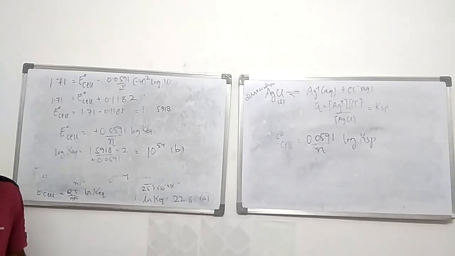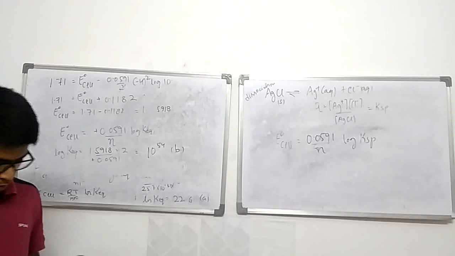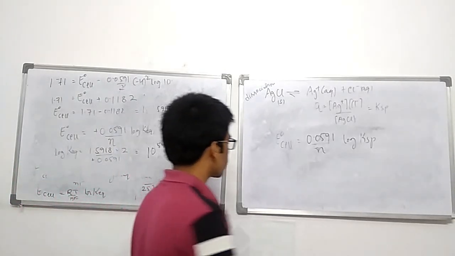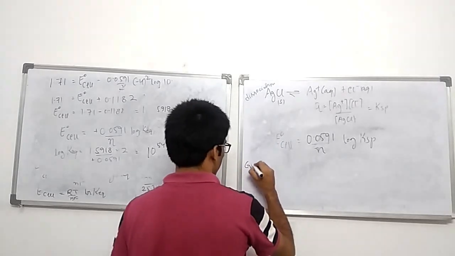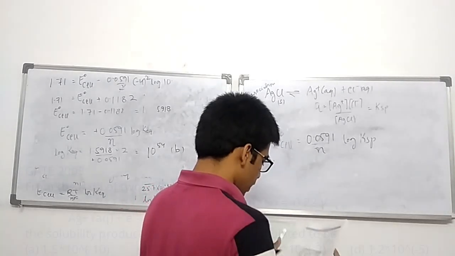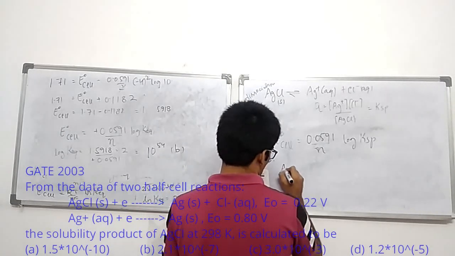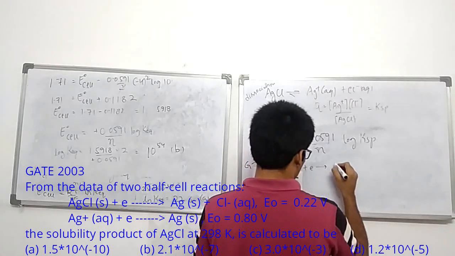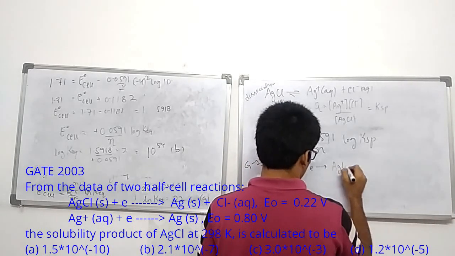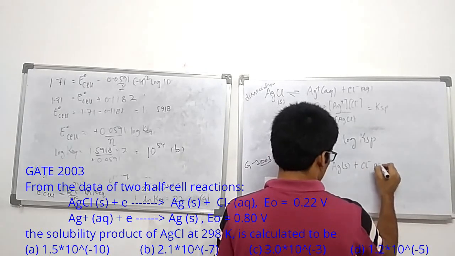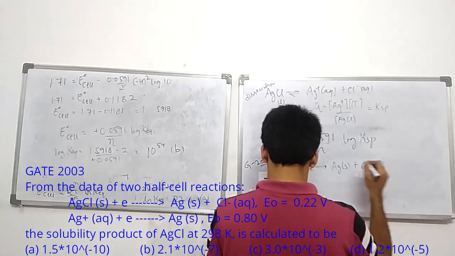So this question came in GATE 2003, which says they are given the data of two half cells. AgCl plus electron gives Ag solid plus Cl minus aqueous.